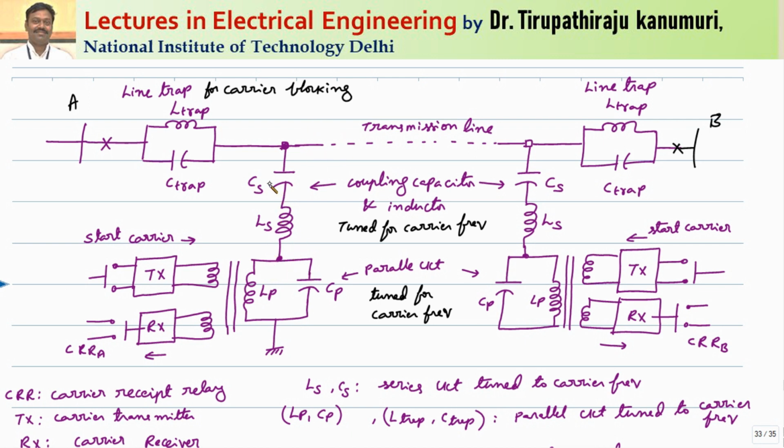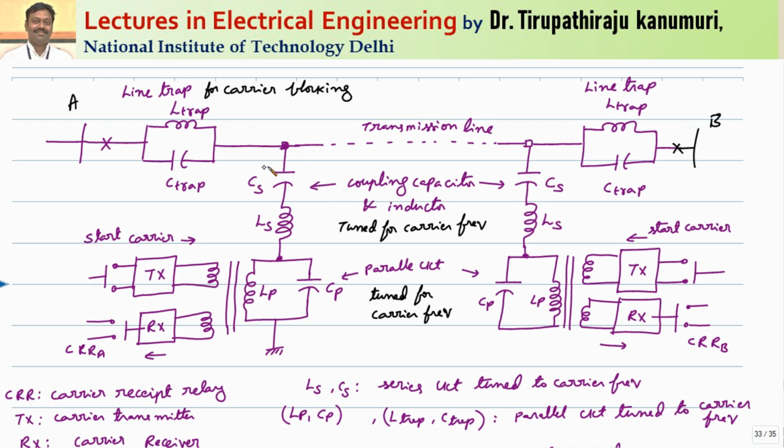Now coming to this circuit, there is also a series circuit, called the coupling capacitor and the coupling inductor. This forms a series resonance circuit. The property of a series resonance circuit is that it offers the minimum impedance at resonant conditions.